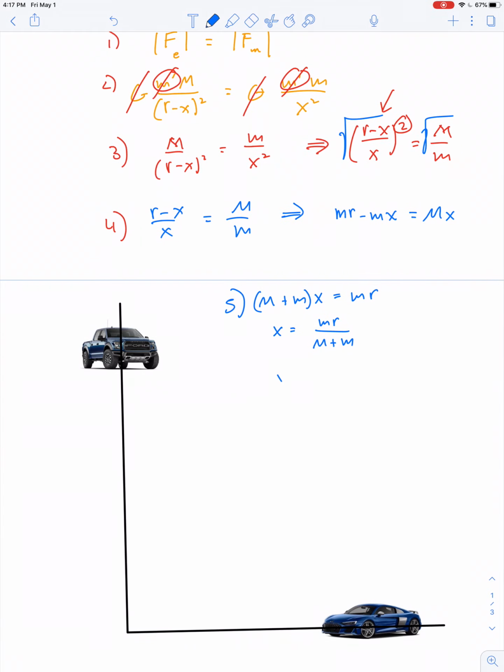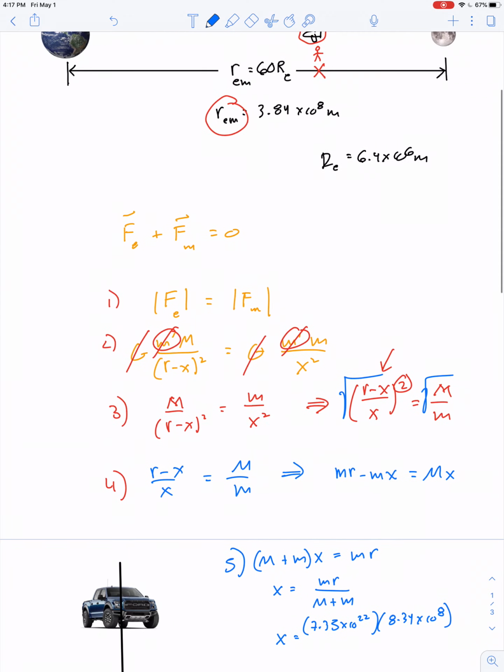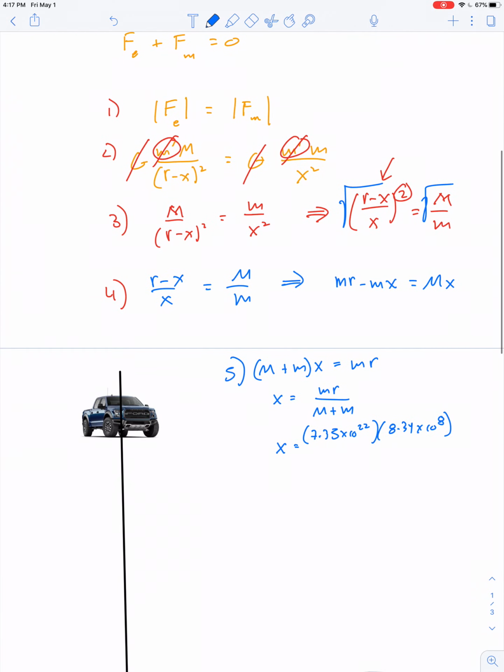So in this case, x is equal to 7.35 times 10 to the 22nd times 3.84 times 10 to the 8th, divided by 6 times 10 to the 24th plus 7.35 times 10 to the 22nd. Grab your calculators and see what you get.